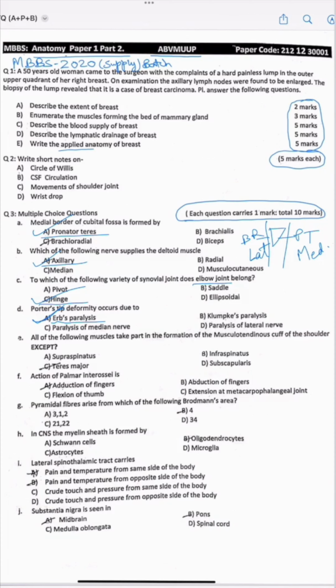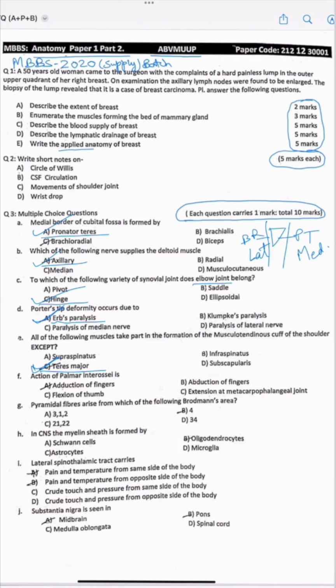And the options here are supraspinatus, infraspinatus, teres major, subscapularis. So instead of teres minor, they have mentioned teres major. So the answer here is teres major, C choice.